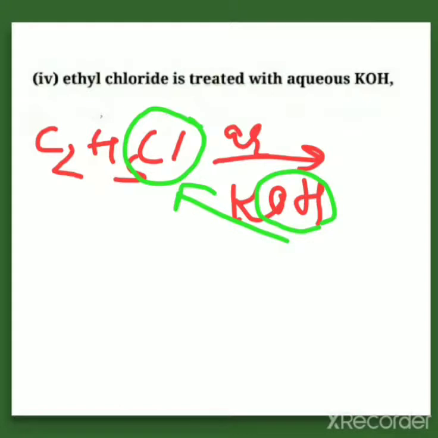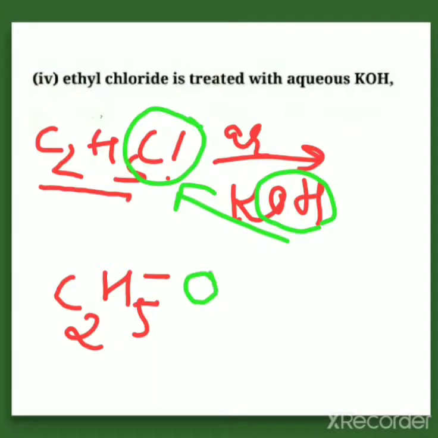So what will be the product? The product will be the rest of the part, C2H5, and in the place of Cl you keep OH. Now we have substituted the OH group, so we got an alcohol. This reaction is a nucleophilic substitution reaction in which the nucleophile is substituted for the halide group.